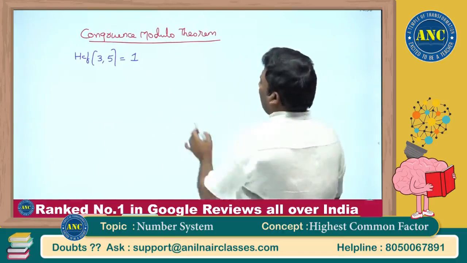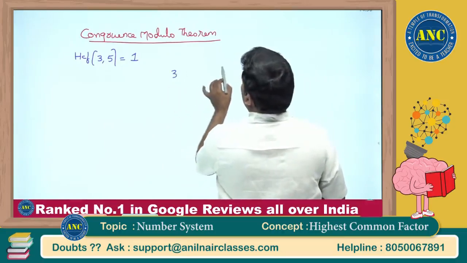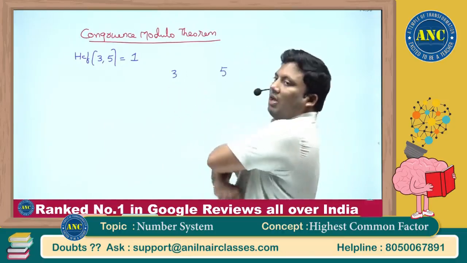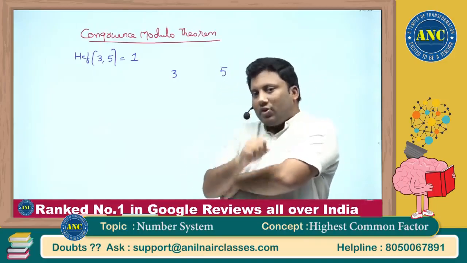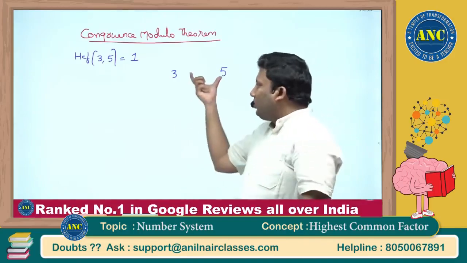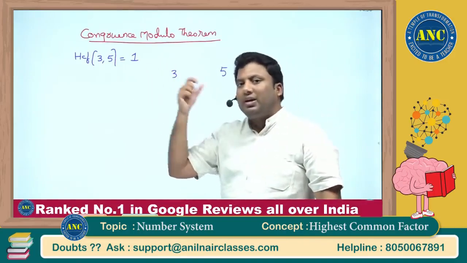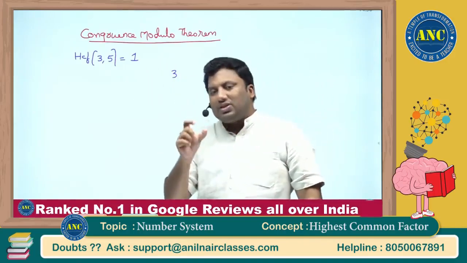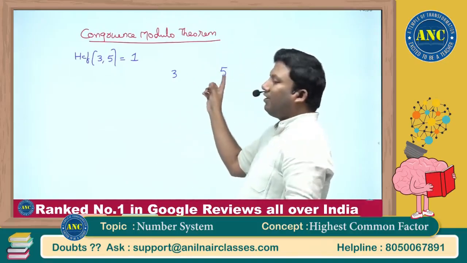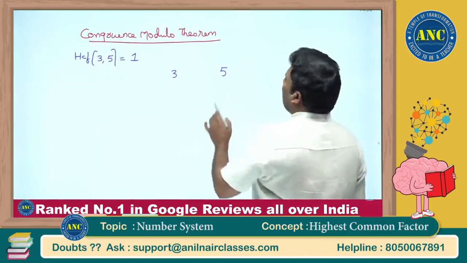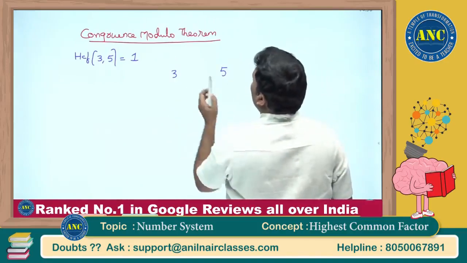Now listen carefully. I am taking 3 and 5, 2 numbers. These 2 numbers are congruent under the co-prime set. These 2 numbers obey the property of co-primes. 2 numbers are said to be co-primes if their HCF is 1. HCF of 3 and 5, it is 1. Let me do a modulo addition.